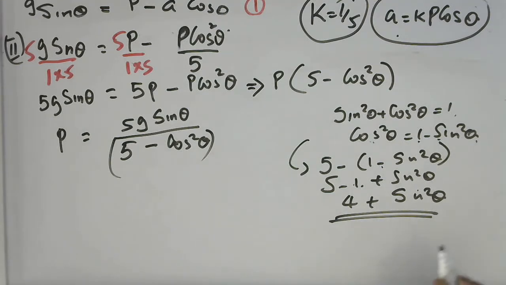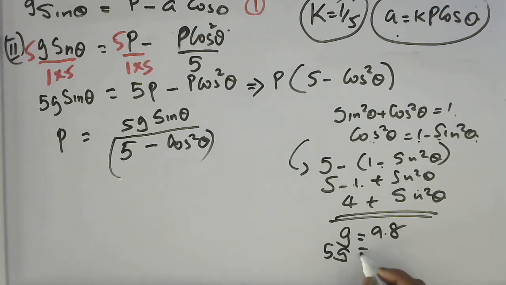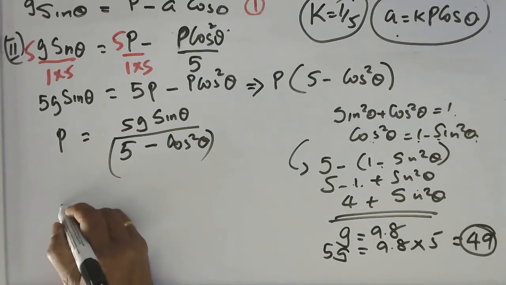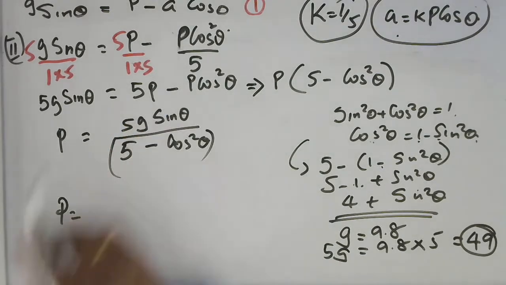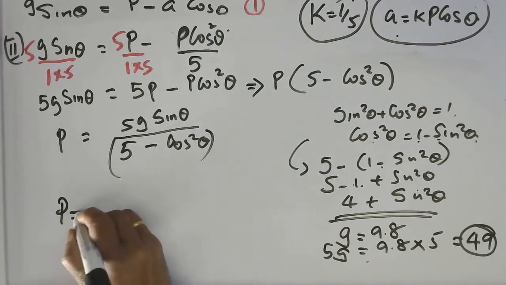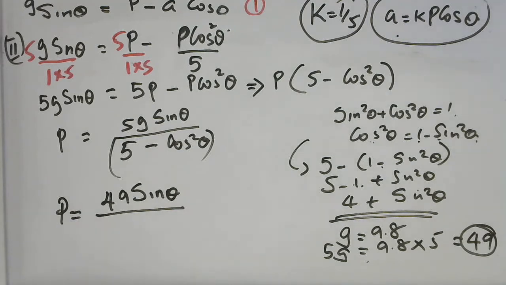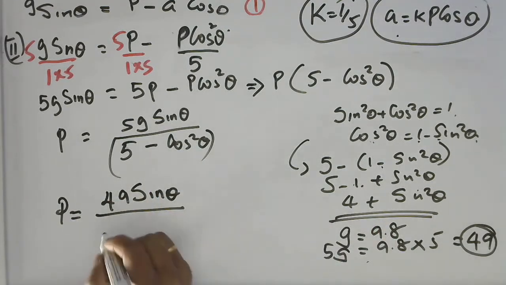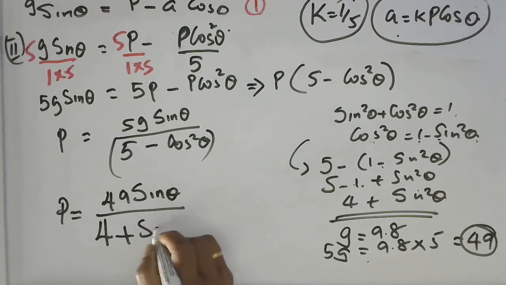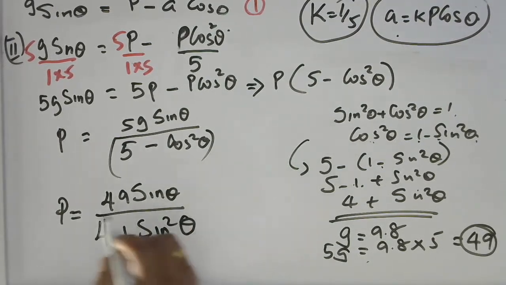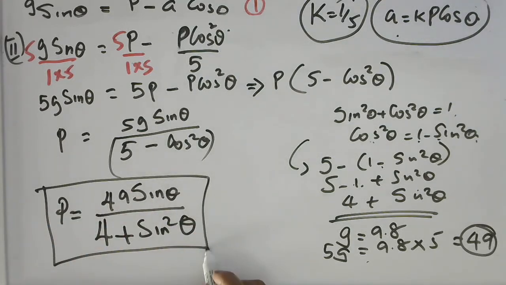And you know g is equal to 9.8, therefore 5g equal to 9.8 multiplied by 5, that's going to give you 49. So p is equal to 49 sine theta divided by 4 plus sine squared theta. That will be the final answer they ask you to prove.